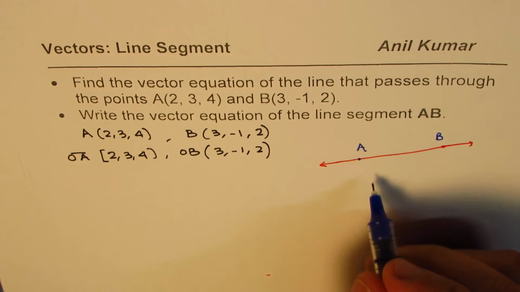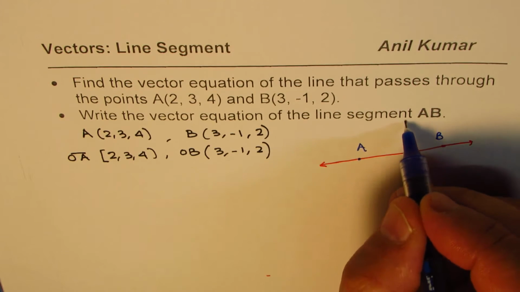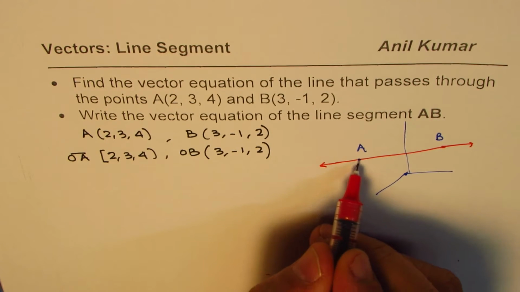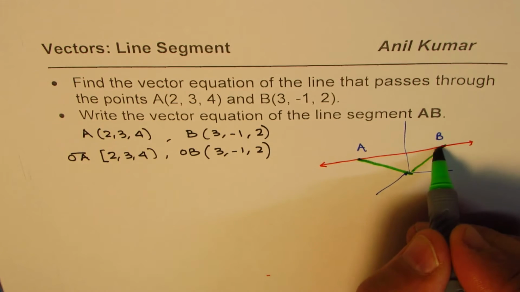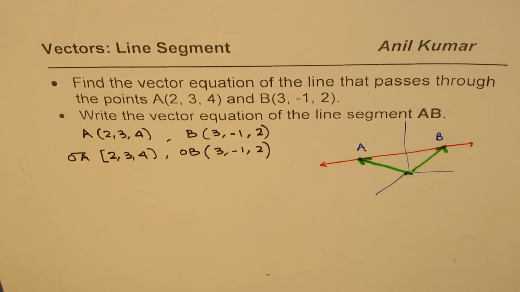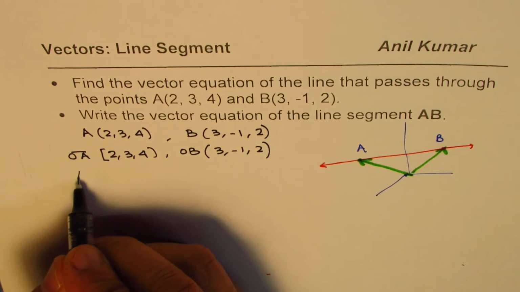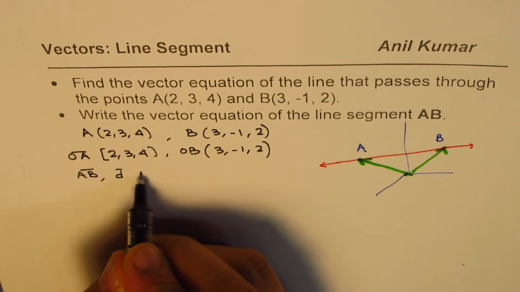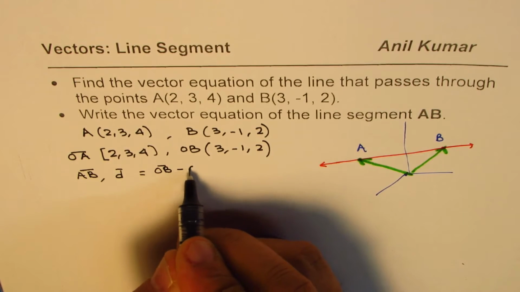In that case, from the origin, somewhere here, let us say we have the origin. In that case, this is the position vector, and this is the other position vector. So that is kind of the position. In that case, the direction AB, which is the direction vector, let's write this as D, will be equal to OB minus OA.